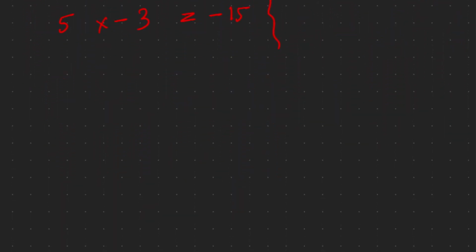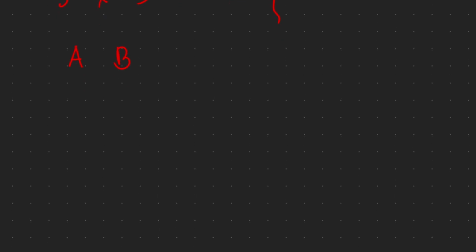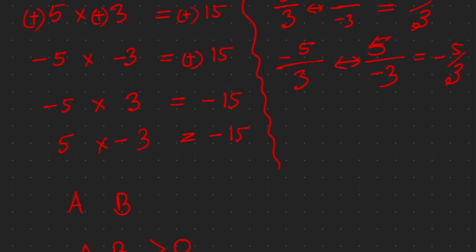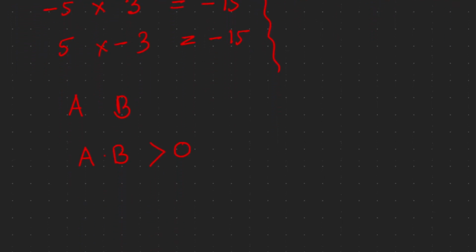So now let's write the expressions as the letters A and B, and we can simply say if A and B both are positive, or both have the same sign, either negative or positive, the product will always be a positive number, that means greater than 0, right? Here we can see for both cases, either positive or negative, we get a positive value.